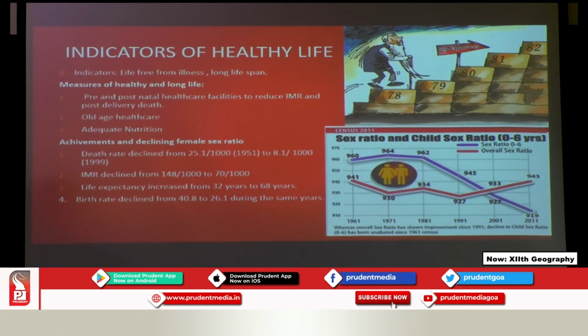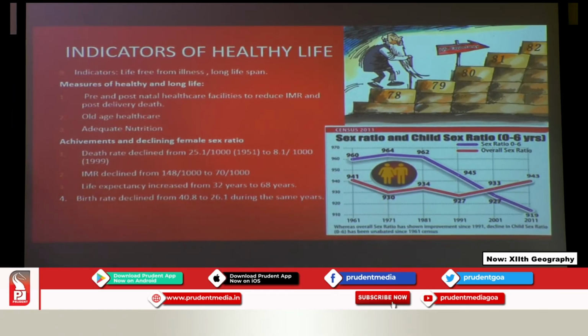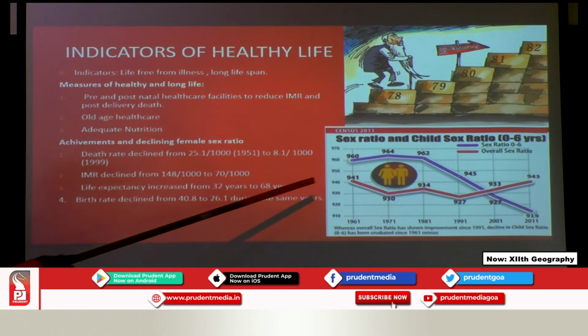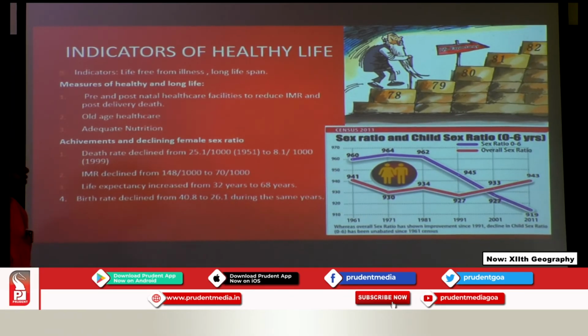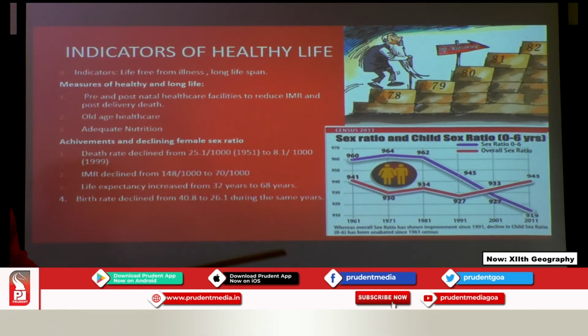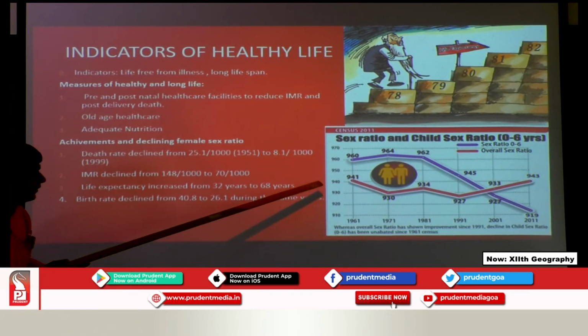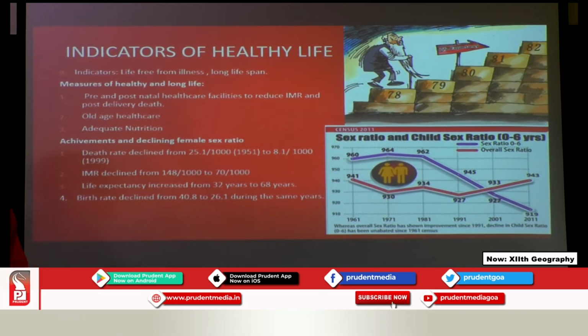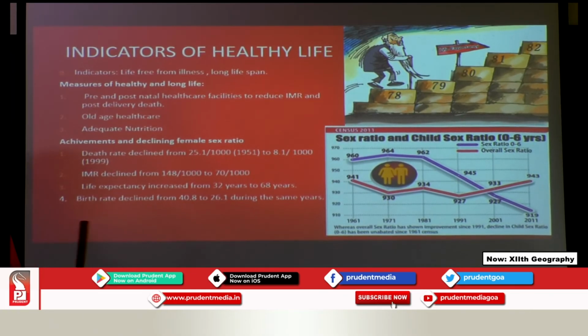You can see on the screen here, we have what is called the sex ratio, especially the child sex ratio. And we can think of the overall sex ratio which is there in India.